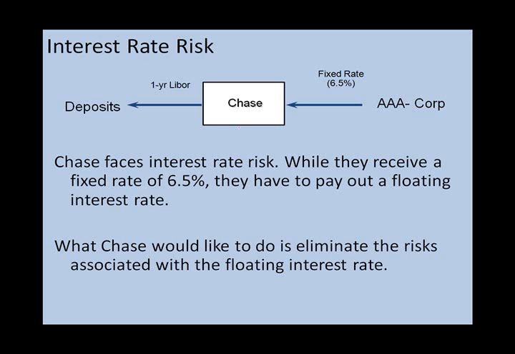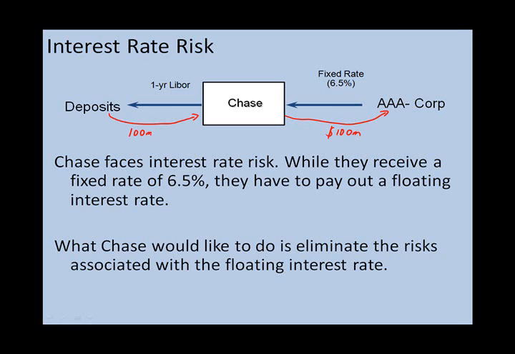Here's a picture that should clarify what's happening. Chase gave to this AAA corporation $100 million, and in return the AAA corporation is going to pay Chase a fixed rate of 6.5% per year. Where did Chase get the $100 million from originally? From deposits.